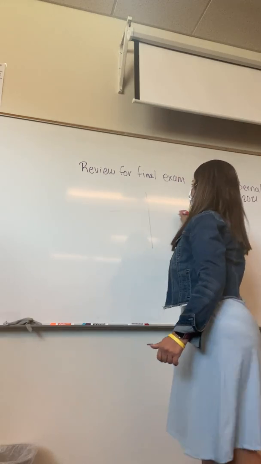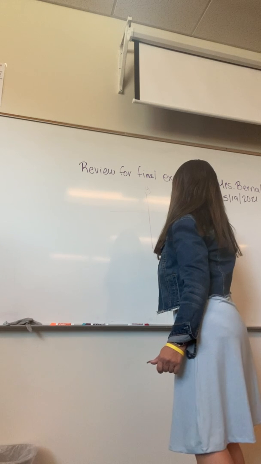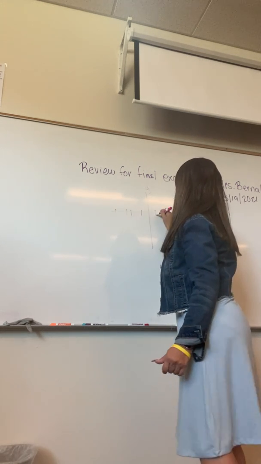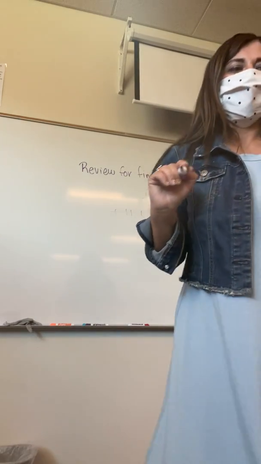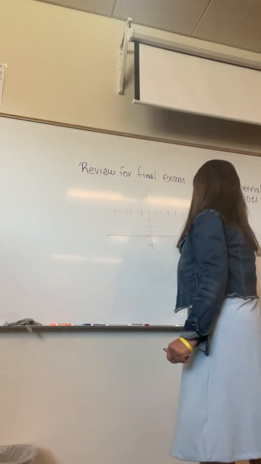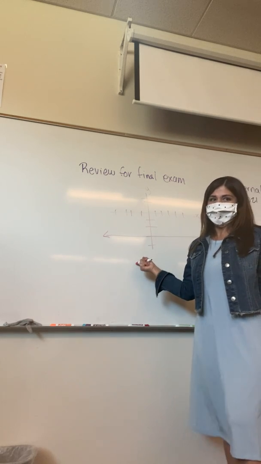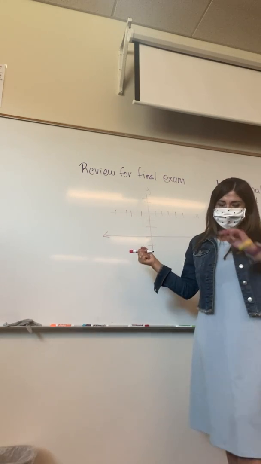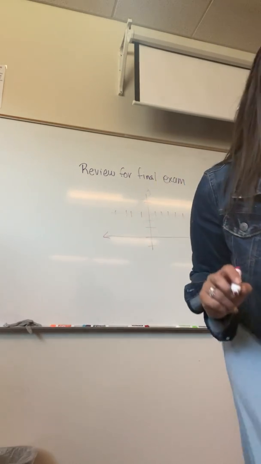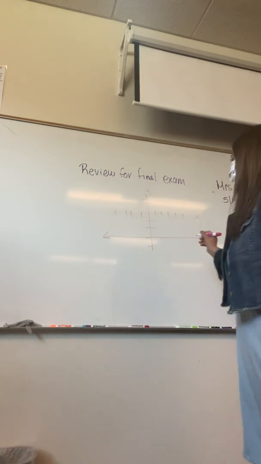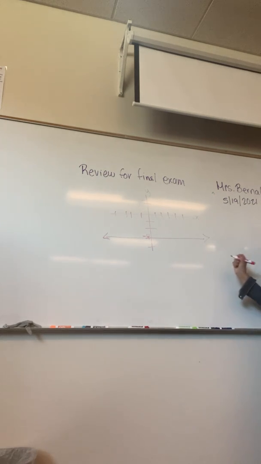Okay, then number 4 looks like this, and the line looks like this, okay? If it were asking you for the slope, it's zero slope, right? But in this case, it's asking you to write the equation of the line. So which number is the line crossing through?